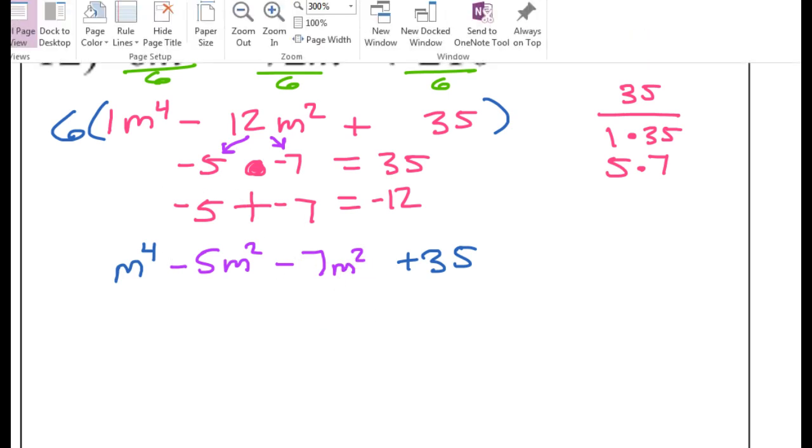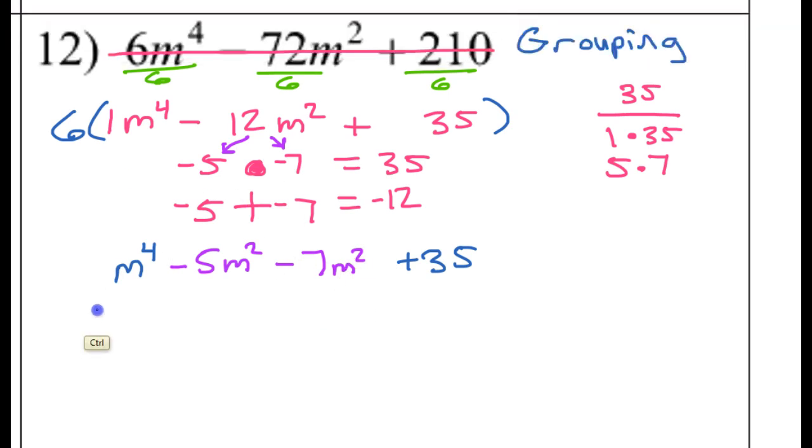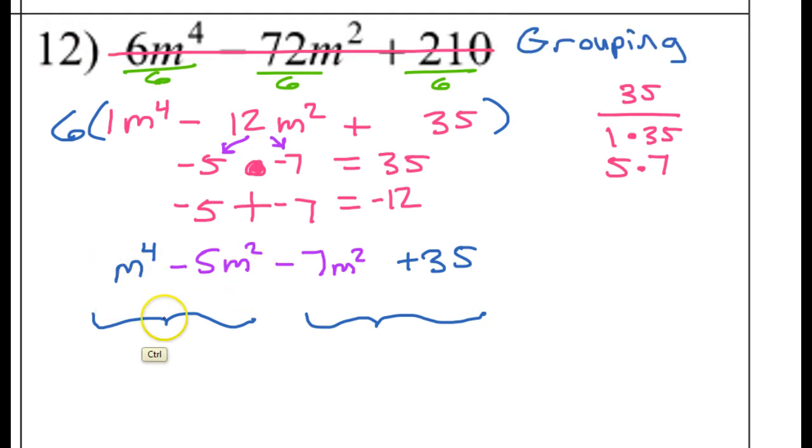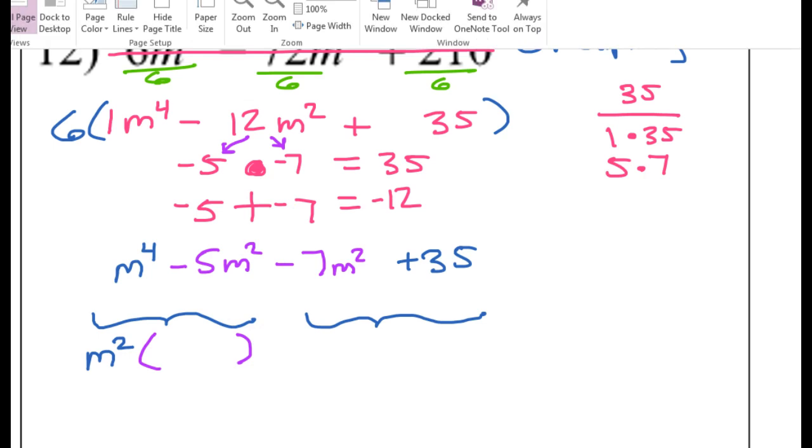Now I'm going to find the GCF of each pair of numbers. So I'm going to find the GCF of the first two, and I'm going to find the GCF of the second two. Okay, so the GCF of the first two is going to be m squared. And then I'm going to have something inside of parentheses, and I'll come back to that in a minute.